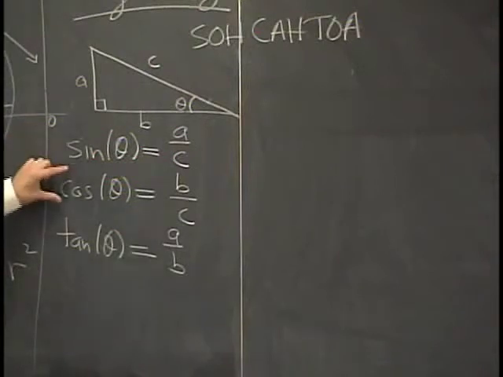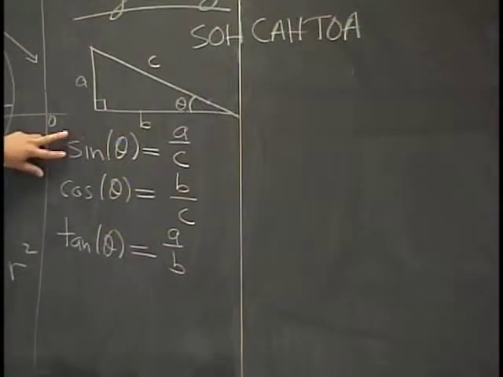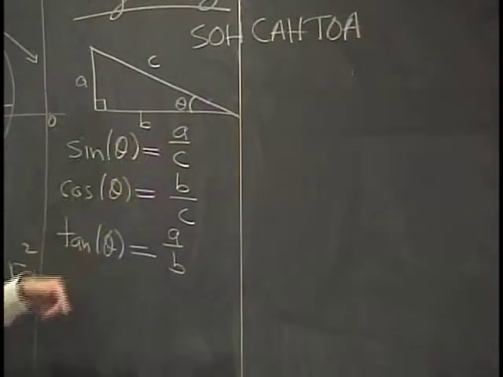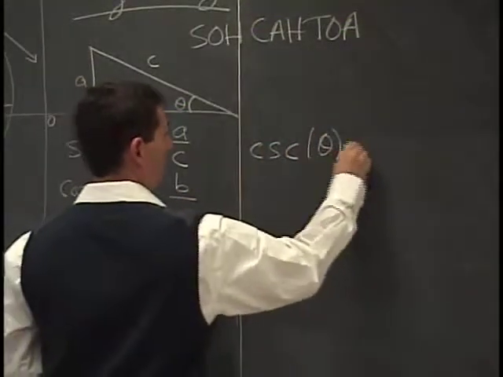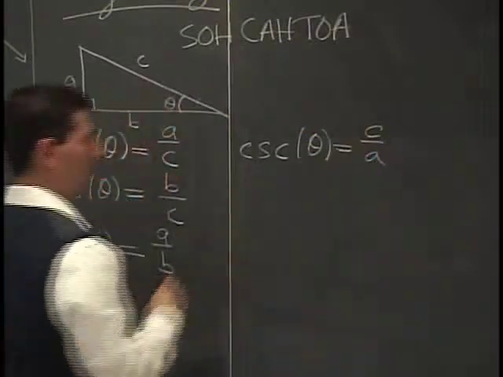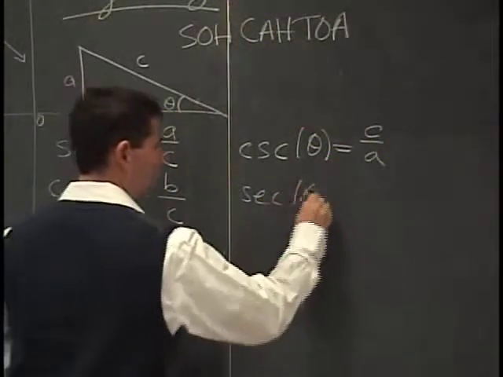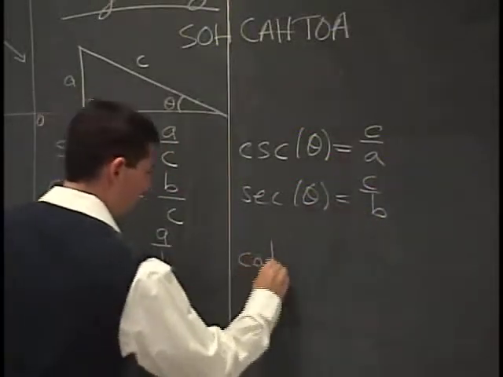Now, with each of these functions, we also define a co-function, which is just the reciprocal of this function, which just means I take this and I flip it. So first there's the cosecant function. Then there's the secant function. And the cotangent.